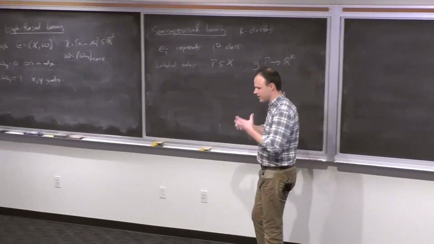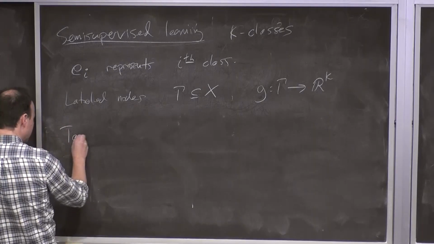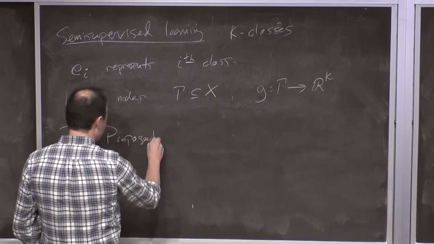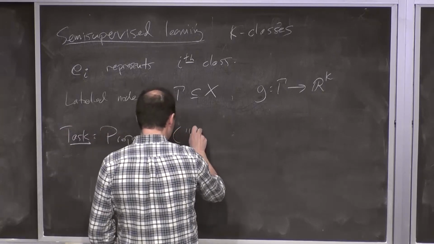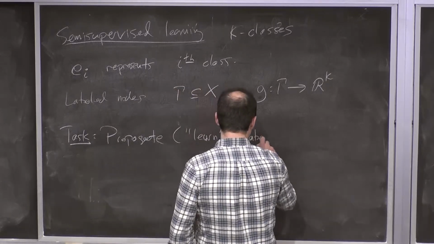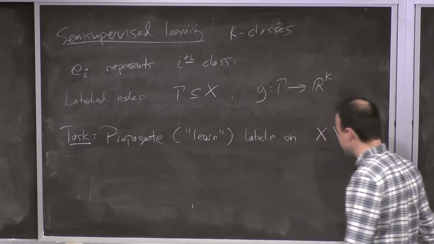And then you try to propagate labels on this graph in some way. So the task is propagate or learn, whatever this means, the labels on the other data points in some reasonable way.